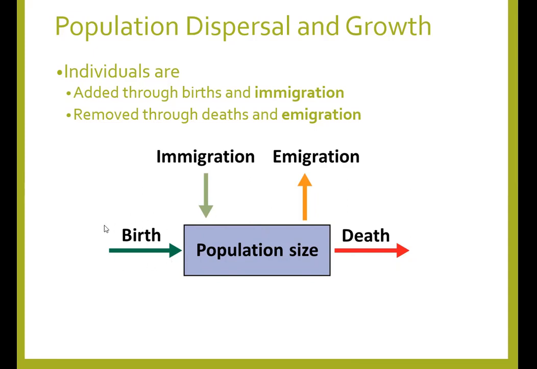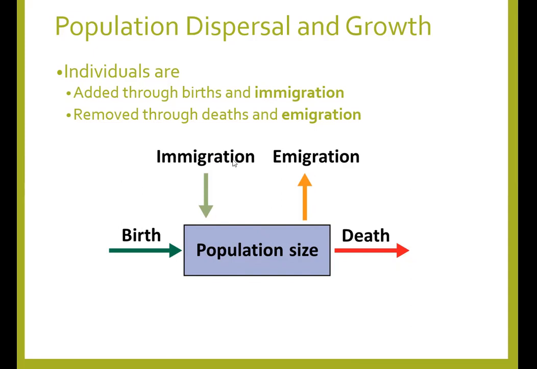Okay, so new organisms come into the population via birth. It loses individuals via some organisms dying off. Two other factors here are immigration and emigration. Immigration is coming into the population, emigration is leaving the population.